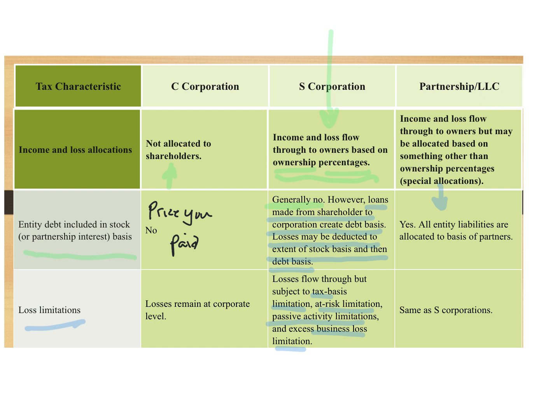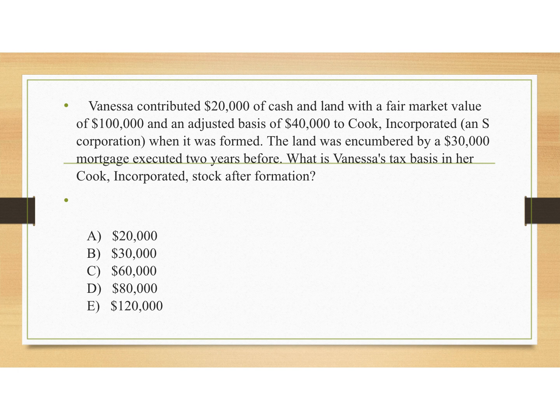So the loss limitations are very similar to partnerships and LLCs. So let's do some problems that relate to these tax characteristics. I believe this is far and away the largest block of problems. All right, so here we go.